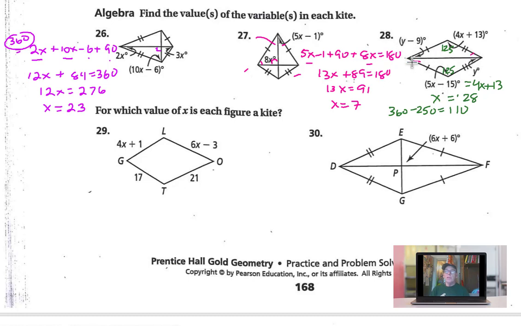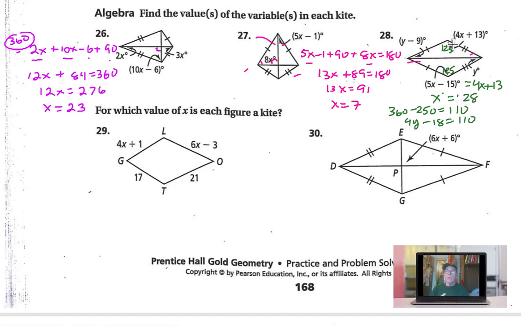We've got two y's, another y, and another y. That makes 4 y's. And in numbers we have two negative 9's, minus 18, and that's got to equal 110 for the angles that are left over. Altogether, these 4 angles make 360.